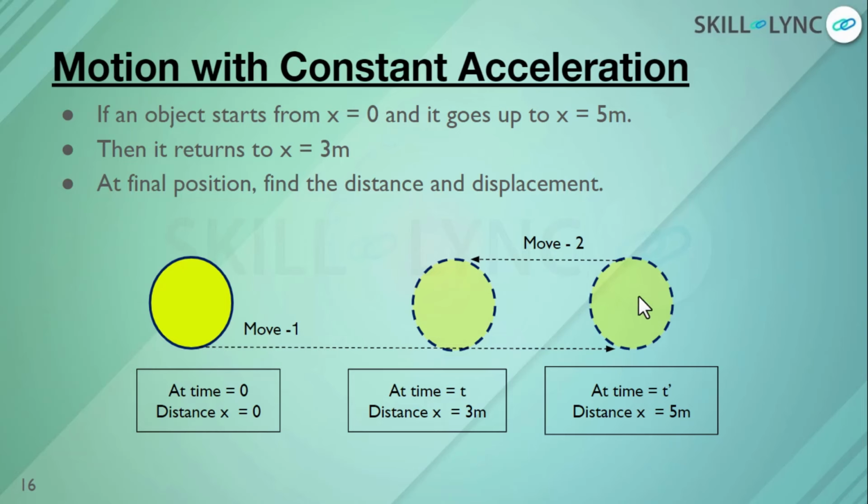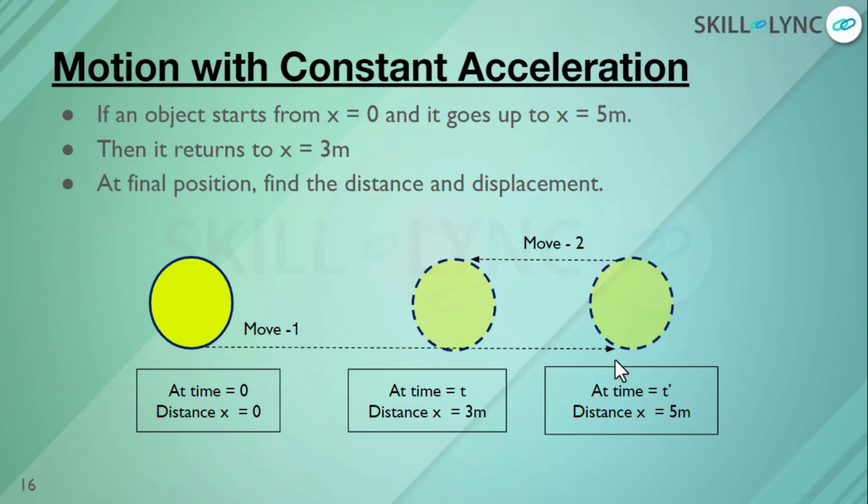At the second step, the ball moves to this point. That is, movement 2 is from time t dash to t. So, the distance traveled in movement 2 is just 3 meters, since the position of the ball here is 2 meters only. The ball was at rest, so at time t equals 0, x equals 0.